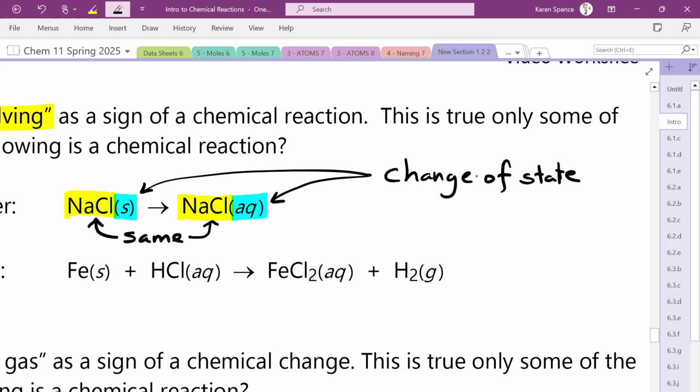And changes of state are physical changes. Okay, there's no new substance.